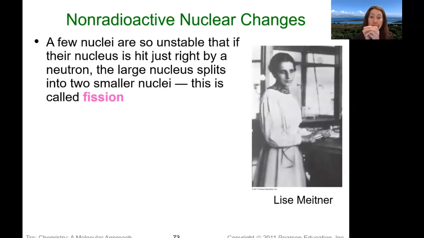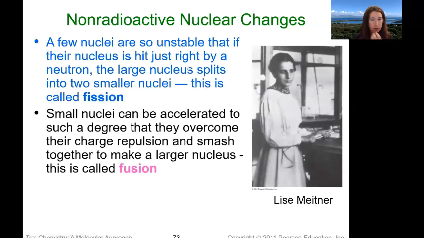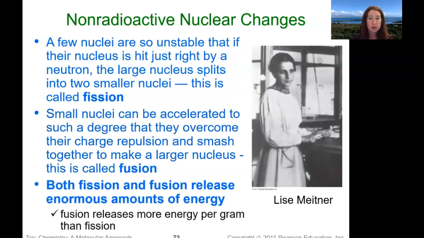Fusion is the joining together of nuclei, or they would say smashing together of nuclei. We're going to talk about fission today. Both fission and fusion release enormous amounts of energy, fusion much more than fission. But fusion needs the temperature of the sun, which is kind of hard to do. Fission does not.